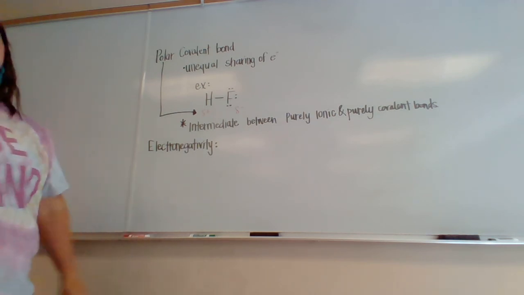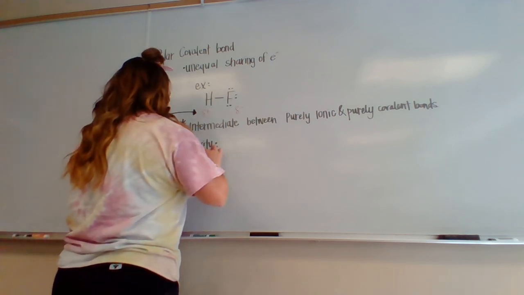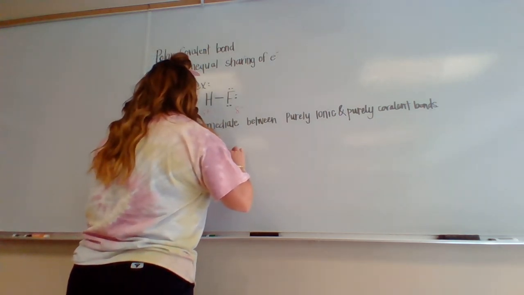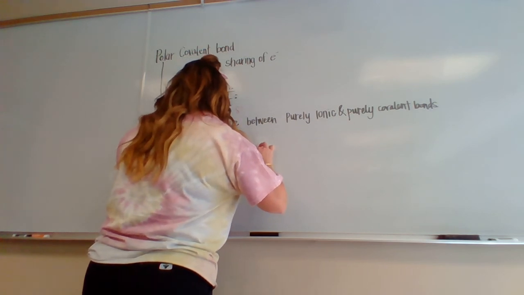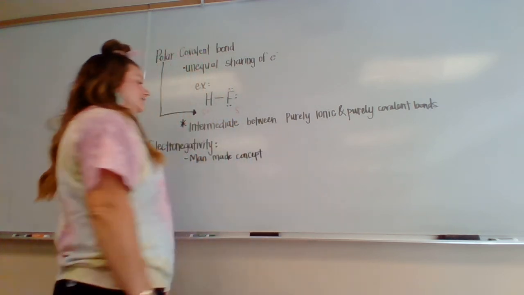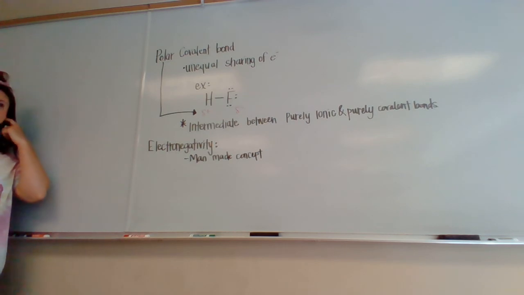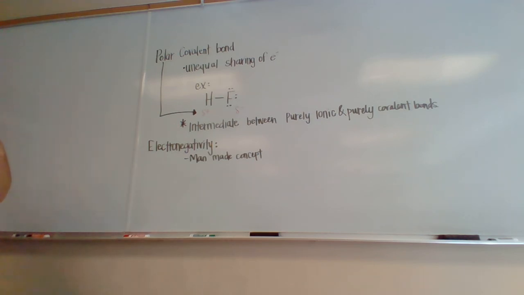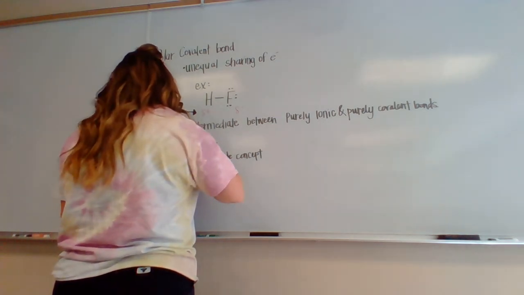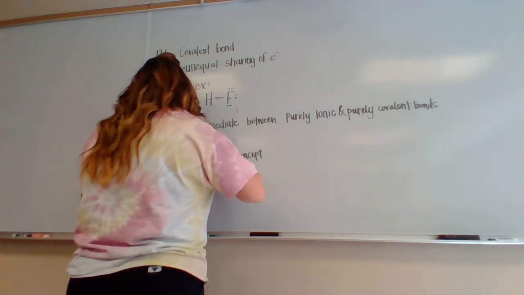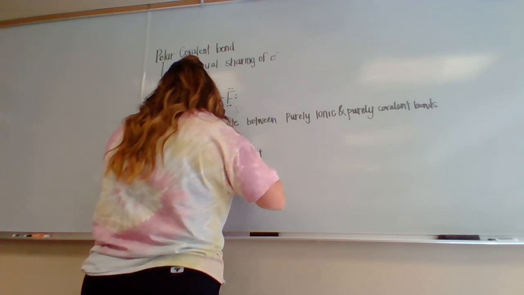The reason we didn't is because electronegativity is a man-made concept. There are several different scales that you can measure electronegativity on, or different people that have measured it different ways. The scale we will use is called the Linus Pauling scale. You don't really have to know that, I'm just telling you.